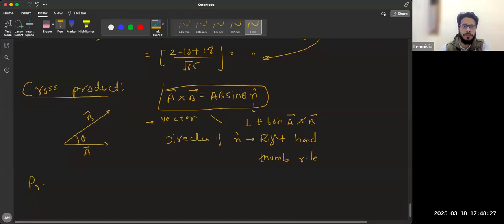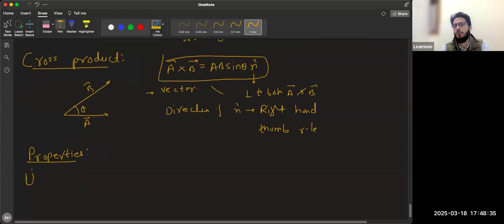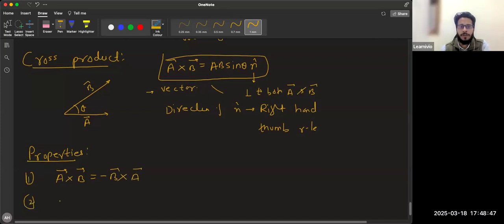Now if you take the properties of cross product, in the first property, it does not commute, it anti-commutes: A cross B is minus of B cross A. The second property is if A is perpendicular to B, then A cross B is maximum because the angle is 90 degrees and sine 90 is 1.